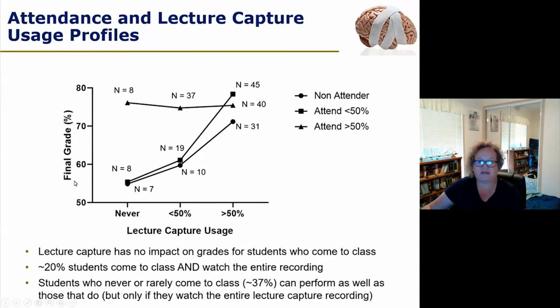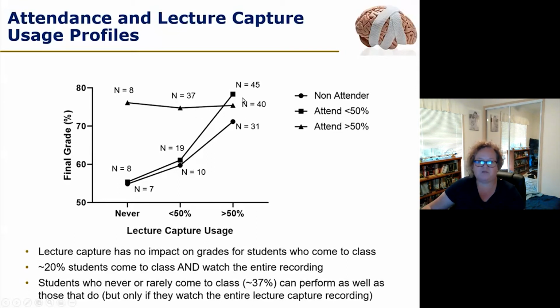And what was really interesting is that the students in this group, so students who came to class more than 50% of the time, some of them never used lecture capture at all. Some of them used it obviously for some topics and not others, so less than 50% of the time.